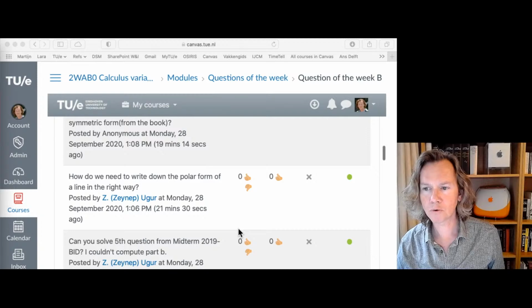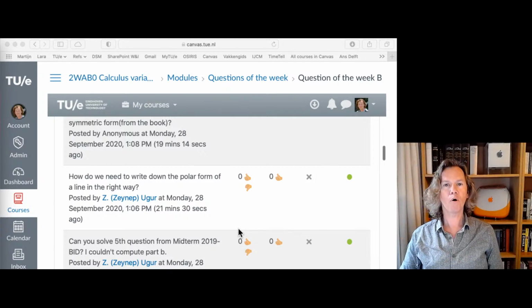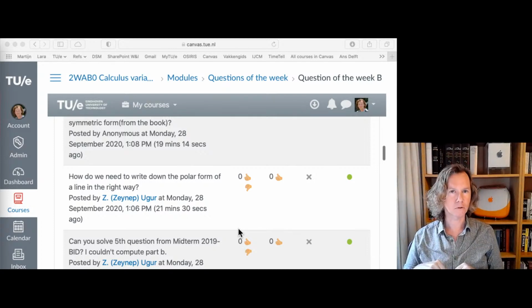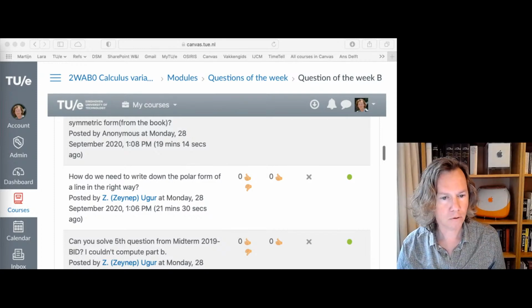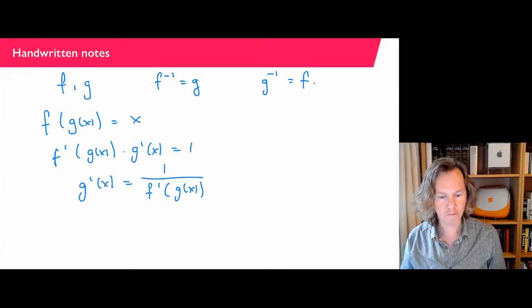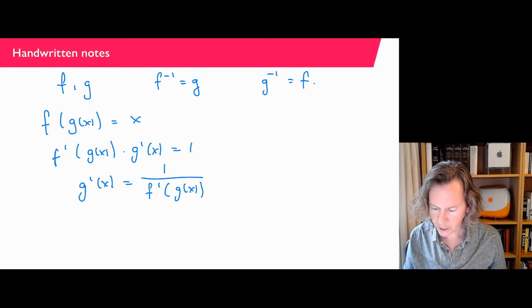How do we need to write down the polar form of a line in the right way? So polar form is something for a vector. As you may recall, and I am now going to recall to switch screens, a vector has a polar form.